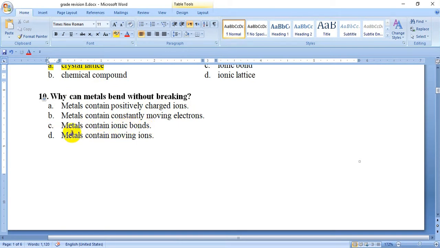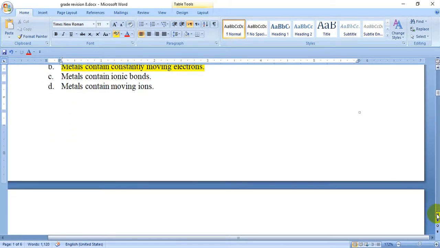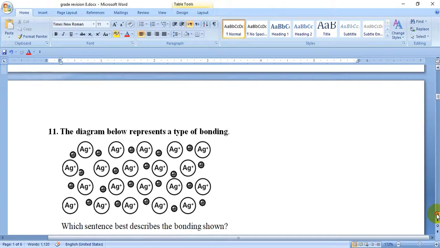Metals bend easily and conduct electricity and heat, and have ductility and malleability, all of these properties because electrons are constantly moving freely. That's why they bend without breaking, or are malleable.